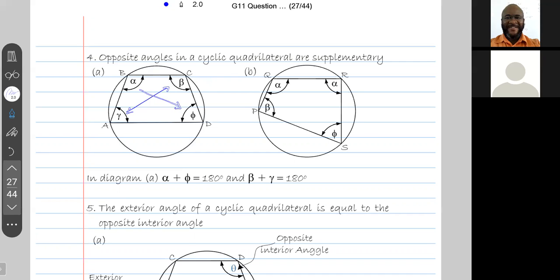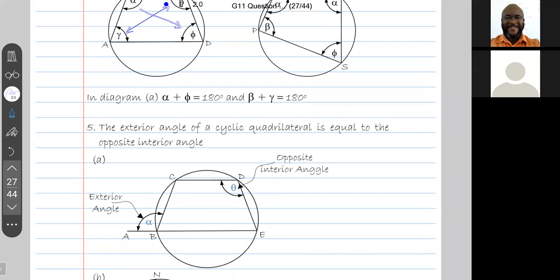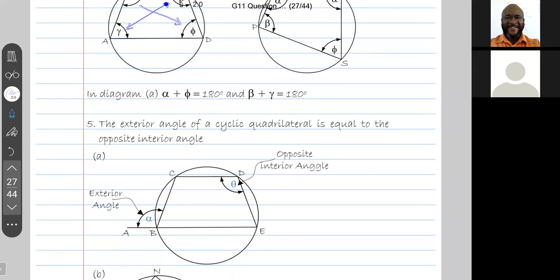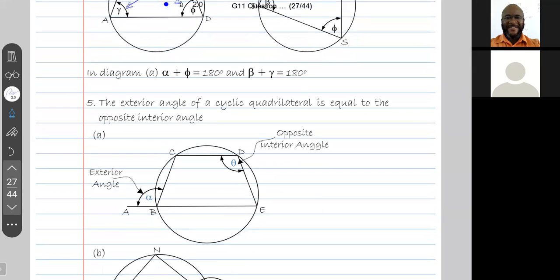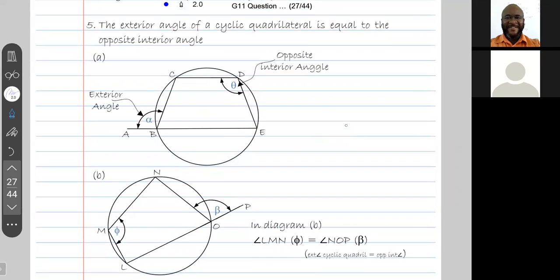Now, number 5 also deals with the cyclic quadrilateral. Number 5 says the exterior angle of a cyclic quadrilateral is equal to the opposite interior angle. The exterior angle of a cyclic quadrilateral is equal to the opposite interior angle. So what are we saying, guys? Let us say we have a circle.